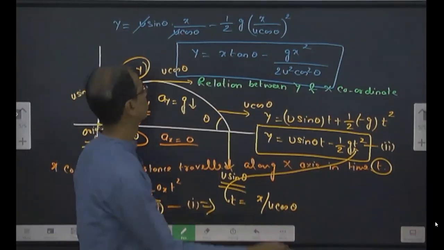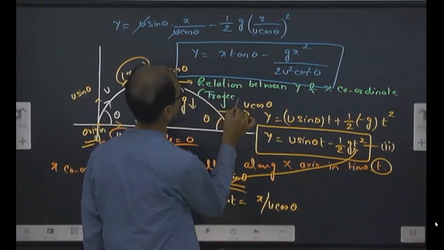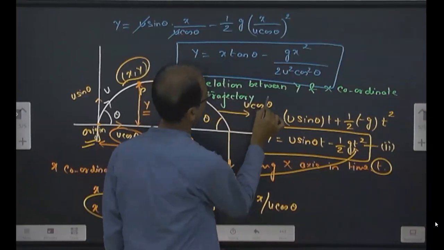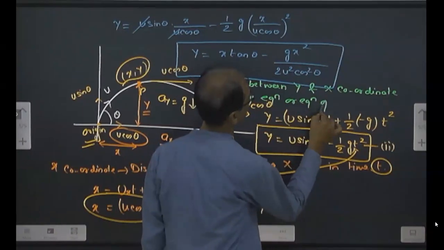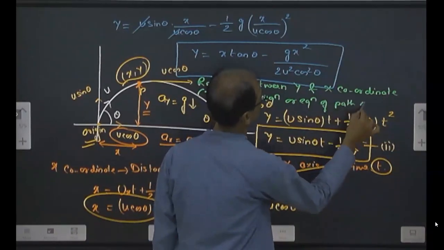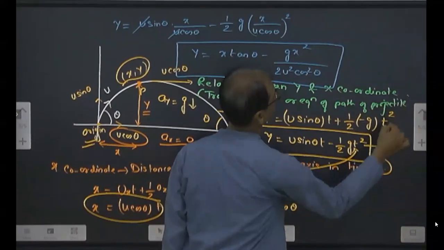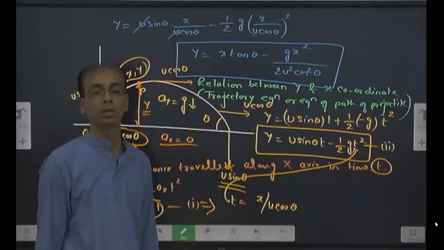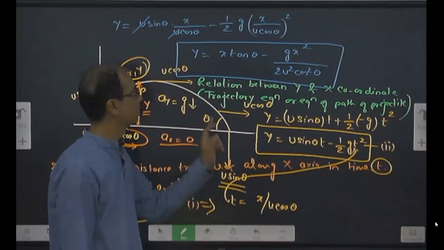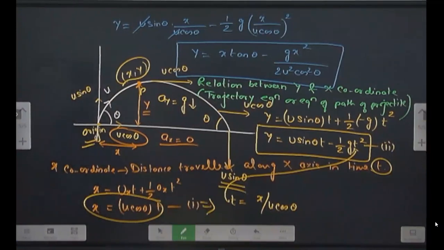This is also called the equation of trajectory, or equation of path of projectile. So if anyone says find the relation between y and x coordinate, that means you have to find its trajectory equation or its path equation. That's called the relation between y coordinate and x coordinate. So y equal to x tan theta minus g x square by 2u square cos square theta.